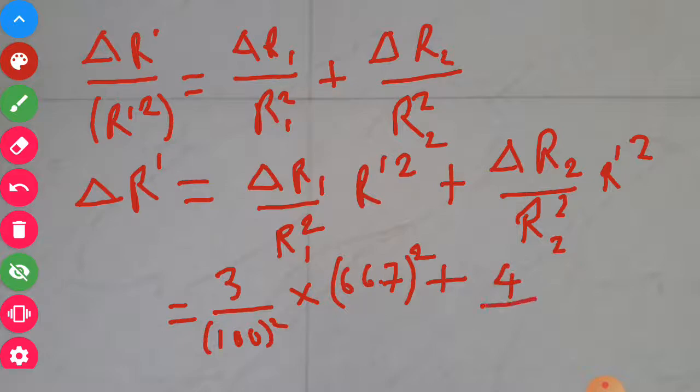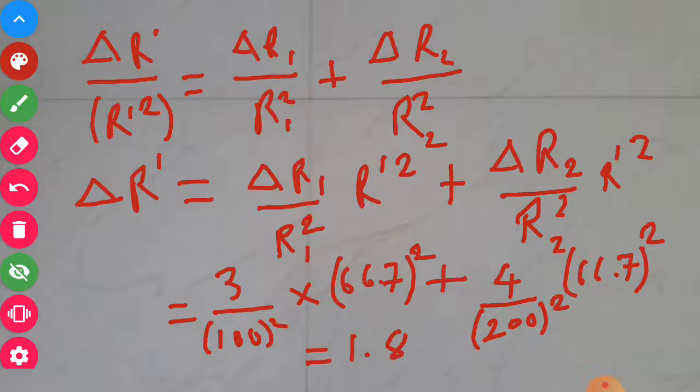So 4 upon 200 square multiplied by R prime square, and that is 66.7 the whole square. Okay, now if you simplify this, then you will get 1.8. Delta R prime you will get is 1.8. So we can write R prime, the final value, as 66.7 plus or minus 1.8 ohm. Okay.